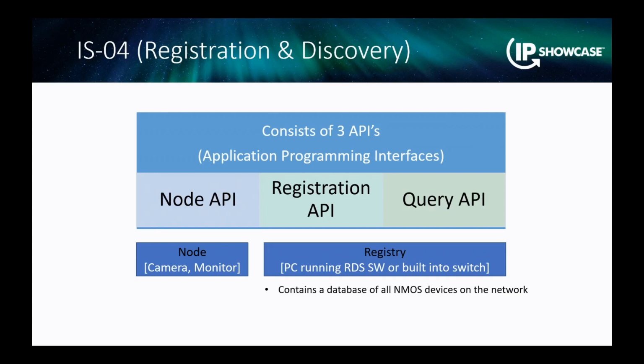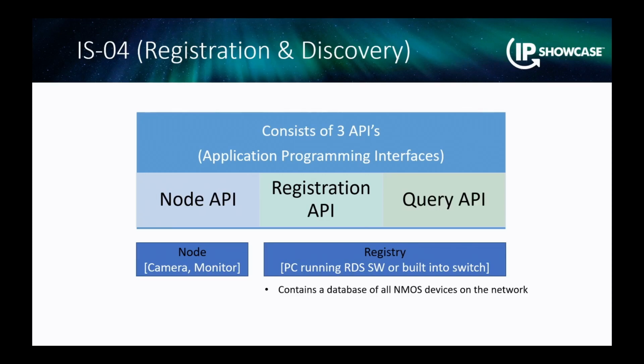If I'm the registry, which is, remember, this database sitting off to the side that's holding all this information, I've got a registration API and a query API that you can actually access from any device, from your PC, from your web browser. You could go into that query API and, again, through an HTTP read on your web browser, see all the devices that are on the network. Very handy, very nice for debugging a system. You don't have to run around and see who's turned on and who's actually working.